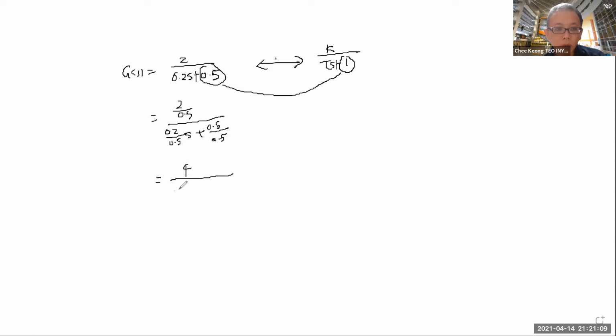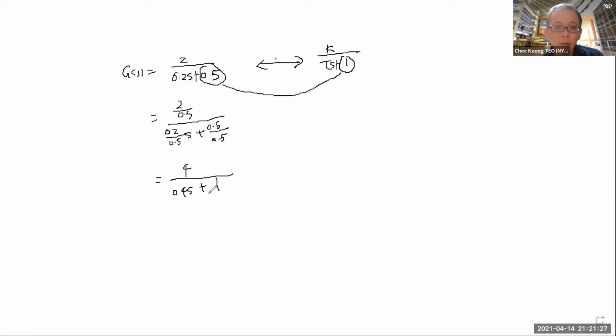Then 0.2 divided by 0.5 is 0.4, so you have 0.4s plus 1.